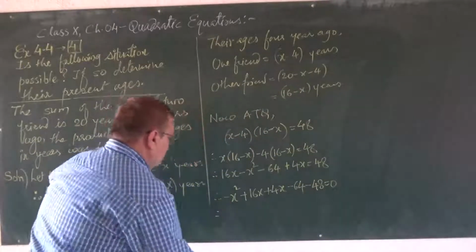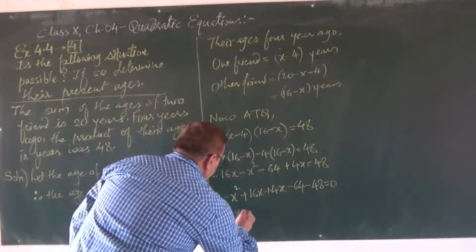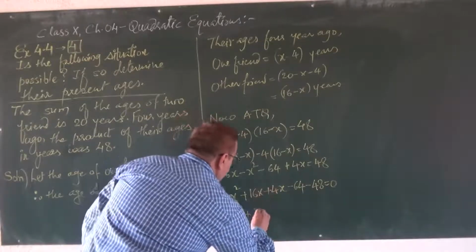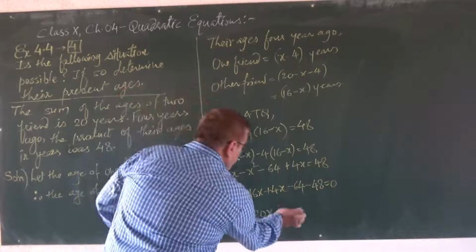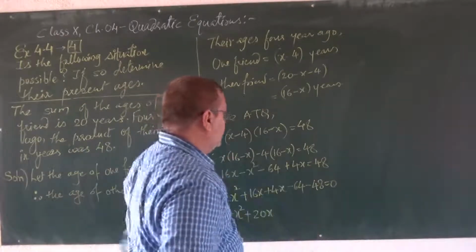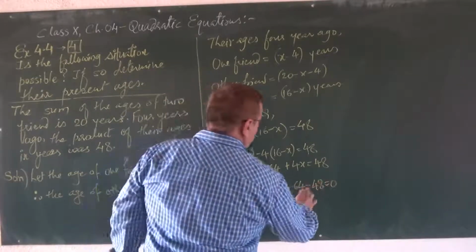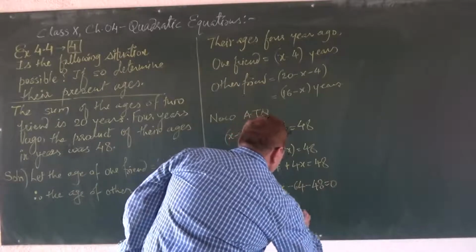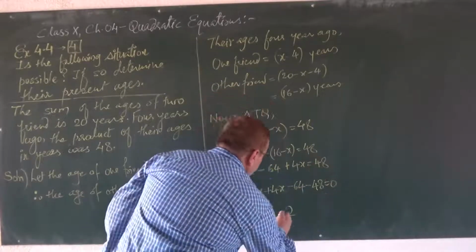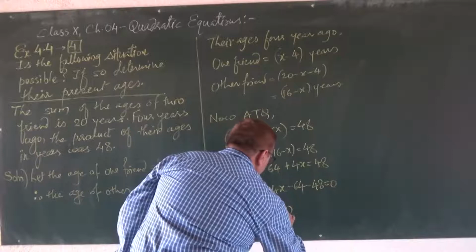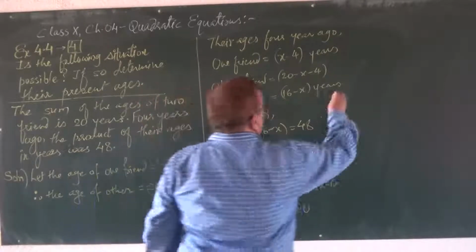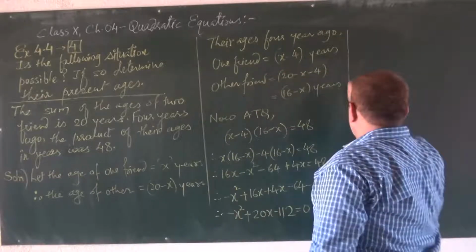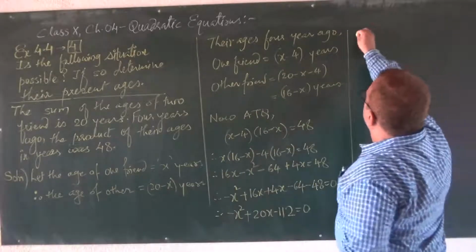First simplify. So minus x square, 16 plus 4, 20x. Then both minus 64 minus 48. Add 4 plus 8, 12. 2, carry 1. 6 plus 4, 10, plus 1, 11. So minus 112 is equal to 0. Okay, so we don't want our first term negative, so convert it to positive.